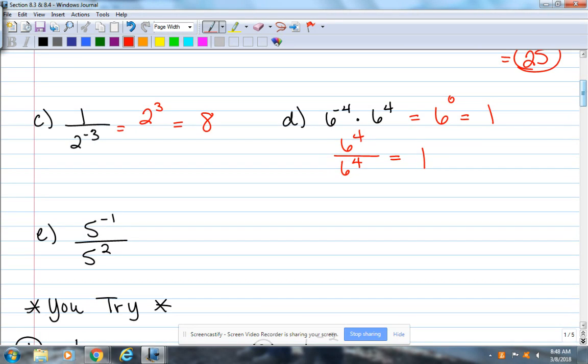Look at E. What do you think we're going to do on E? Why are we moving 5 squared? I'm not asking for the answer. What do I do?